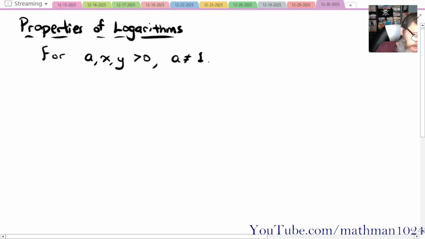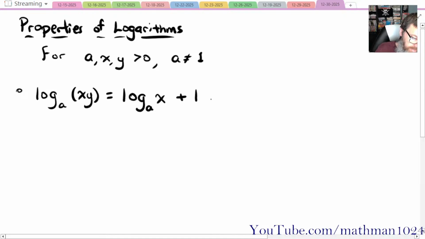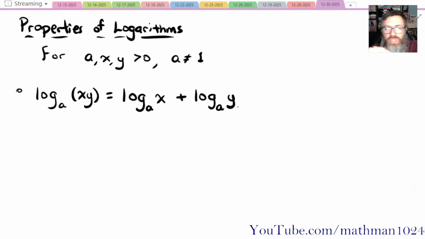A does not equal 1. So we have this first one here. It says log base a of the product x and y can be split up to be log base a of x plus log base a of y. So if you have a product inside of a log, that gives you the sum of logs.